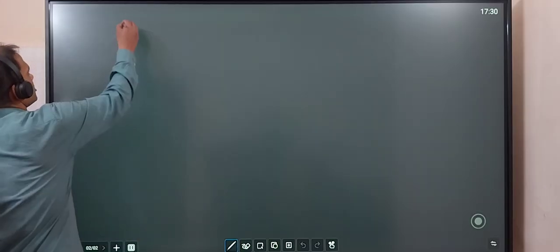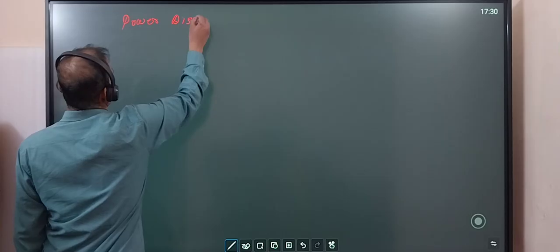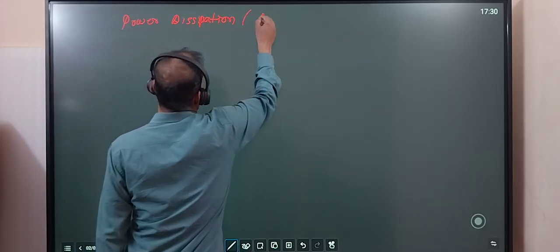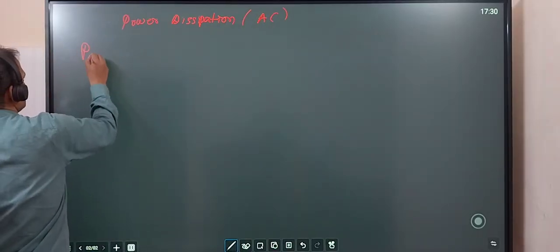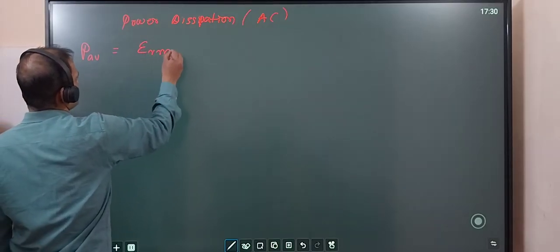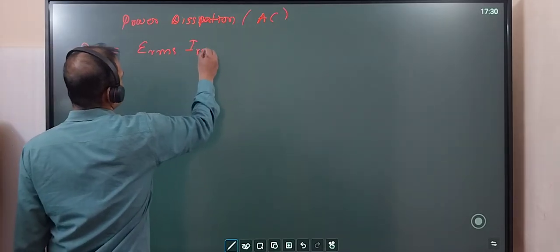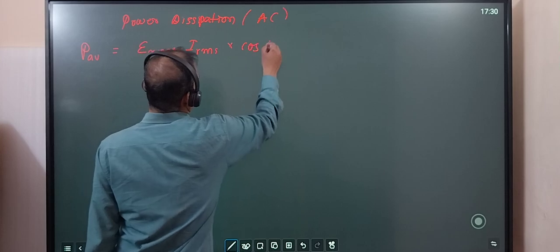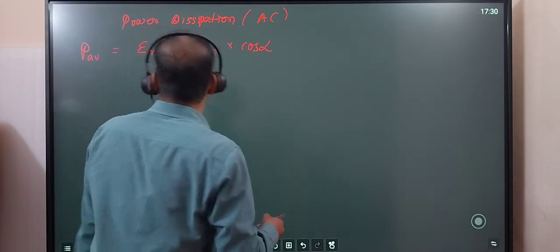First of all, power dissipation, and we are talking about an AC circuit. So P average will be the RMS value of EMF, times the RMS value of current, times one more thing, cos alpha, which is called the power factor.